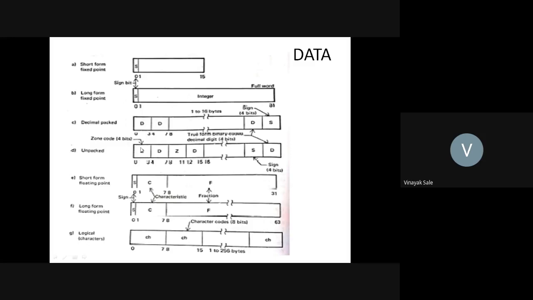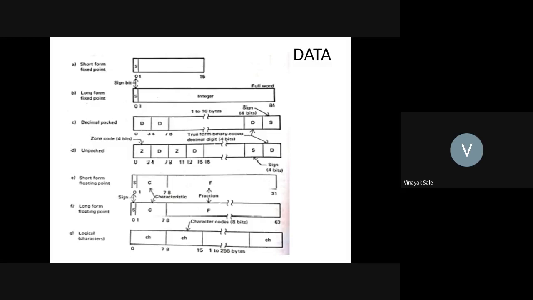Then 4 to 7 decimal point. Then 8 to 11, this next 4 for again zone code 4 bits. Then 12 to 15, these 4 bits for again decimal digits.